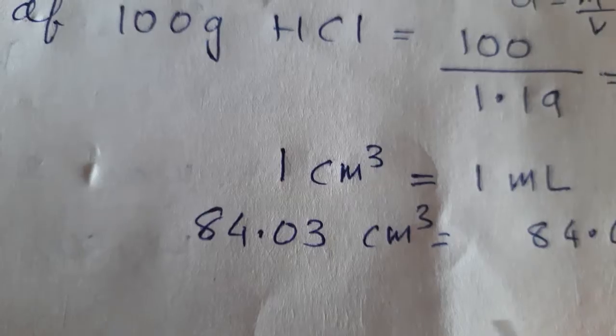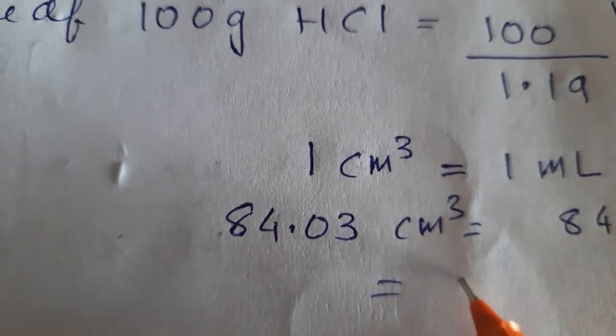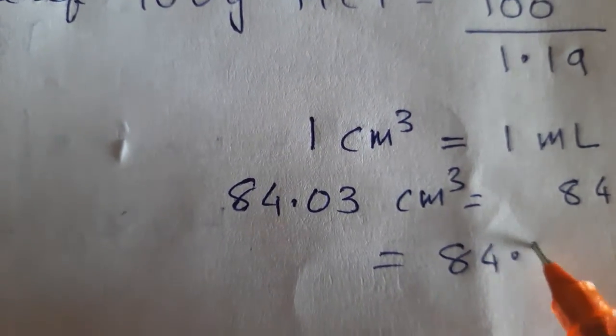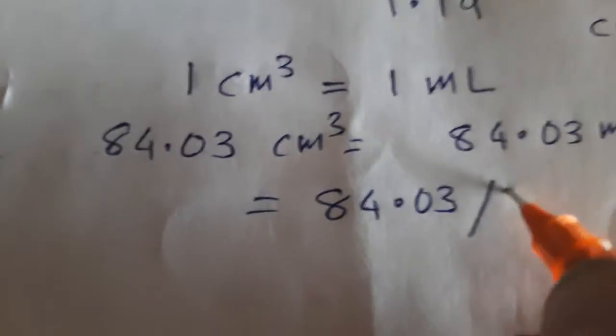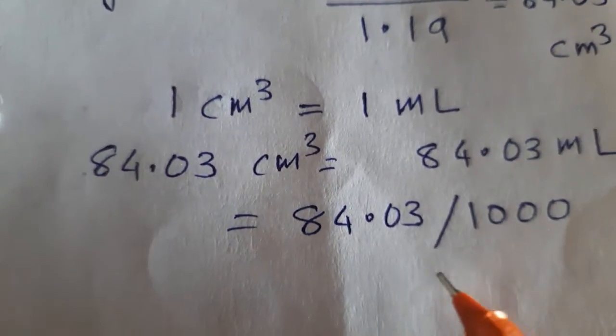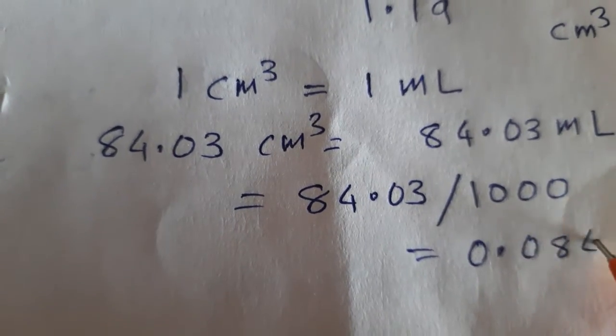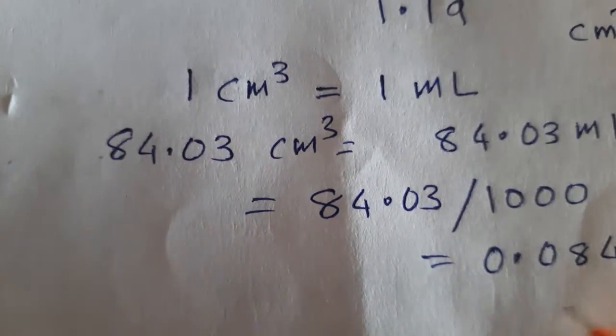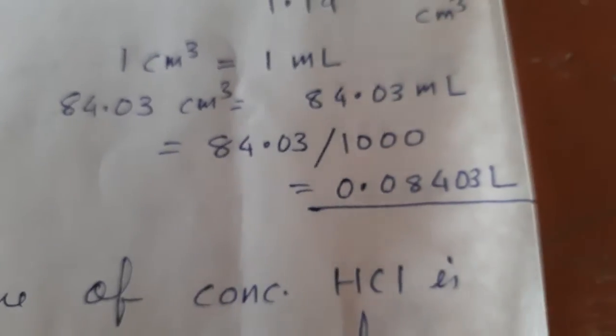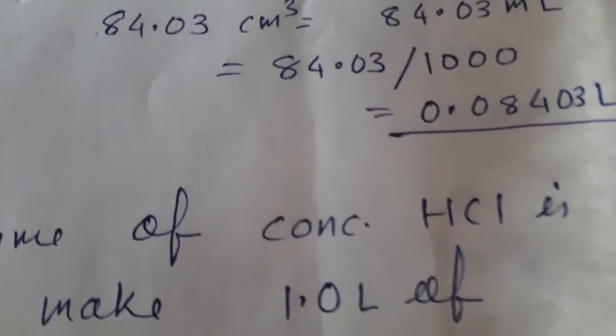Let us convert this ml into liter. So it is 84.03 divided by 1000, then it will be converted into liter. So 0.08403 liter. This we have calculated, the volume in liter.